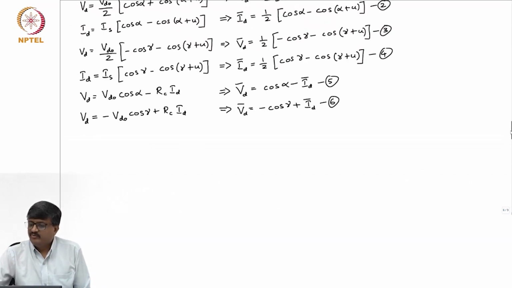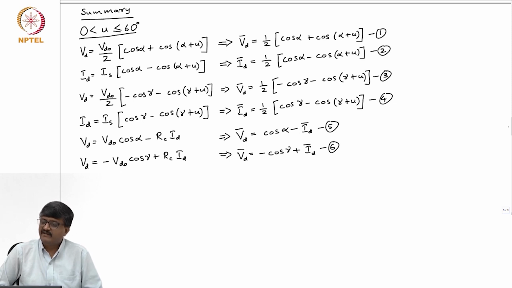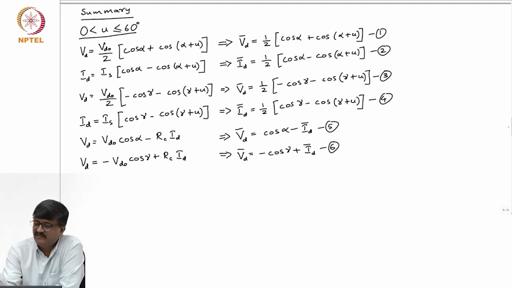Let me go back to these two equations 1 and 2. I have equation 1 relating VD bar, alpha and u, and equation 2 relating ID bar, alpha and u. So using 1 and 2, if I want a characteristic in the VD ID plane, I can get rid of, say, alpha or u. It's easy to get rid of u by adding these two equations. If I add these two equations, then I get an equation relating VD, ID and alpha.